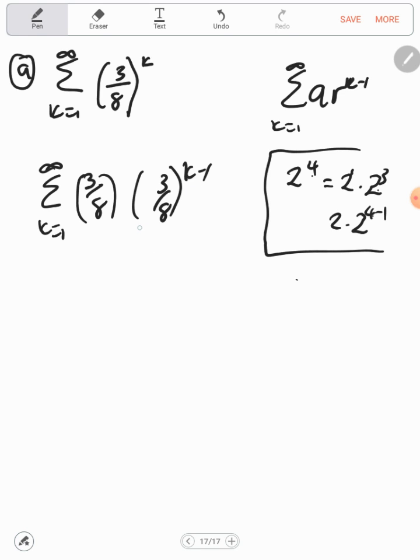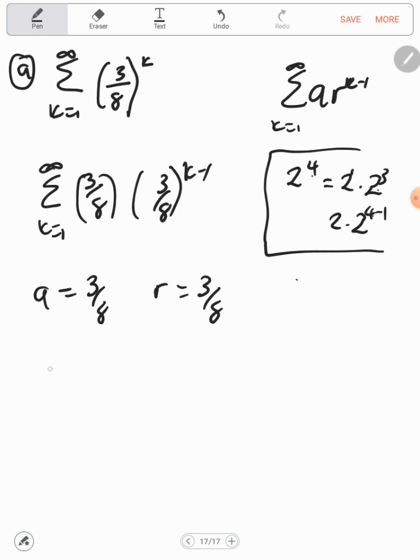Okay, now that we have a term that is raised to the power k minus 1, this series is now in the form of a geometric series. So that means our a is 3/8 and our r is also 3/8, the term that is raised to the power k minus 1.